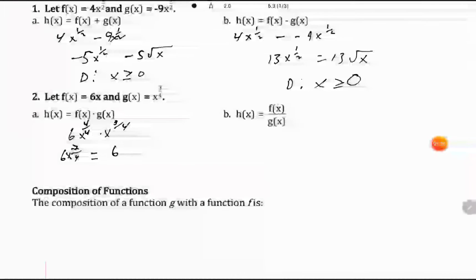I did do that backwards. That is 6. So remember, top number is the power, bottom number is the root. So this is the 4th root of x to the 7th.